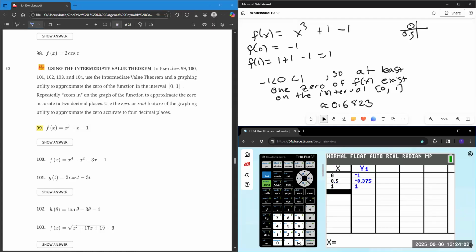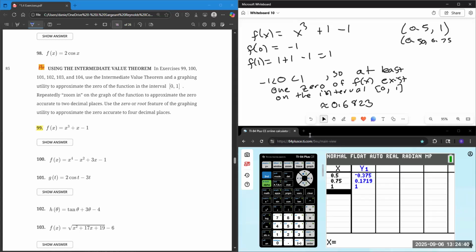So it's in the interval of 0.5 to 1. And then we're going to bisect that some more and go 0.5 to 0.75, to 1. And we see that it's between 0.5 and 0.75. And then we're going to bisect it some more.